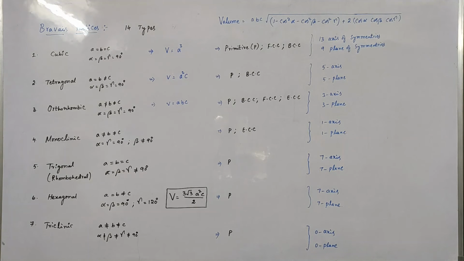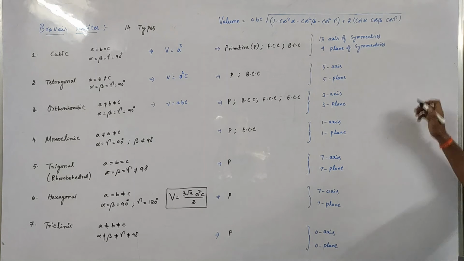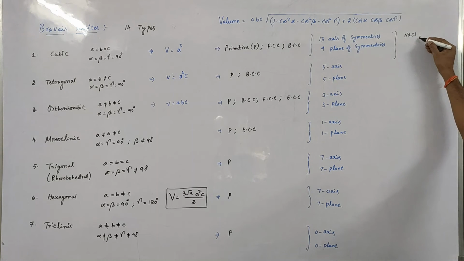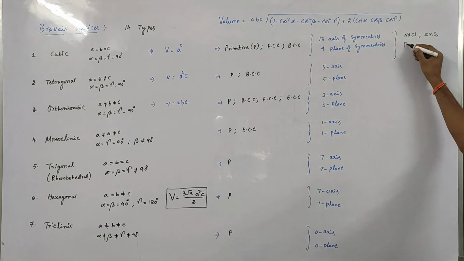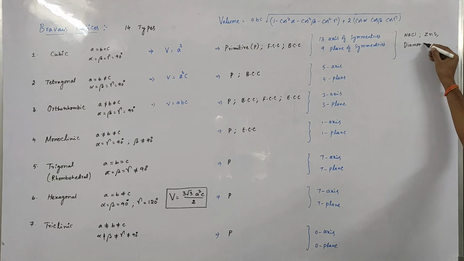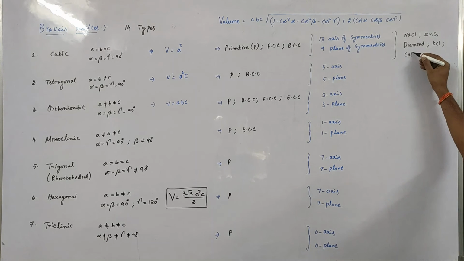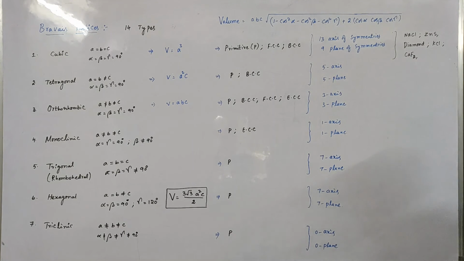Next, examples of simple cubic, tetragonal, orthorhombic, monoclinic, trigonal, hexagonal, and so on. For simple cubic, examples: NaCl, zinc sulfide, diamond, KCl potassium chloride, CaF2 calcium fluoride, which we call rutile.